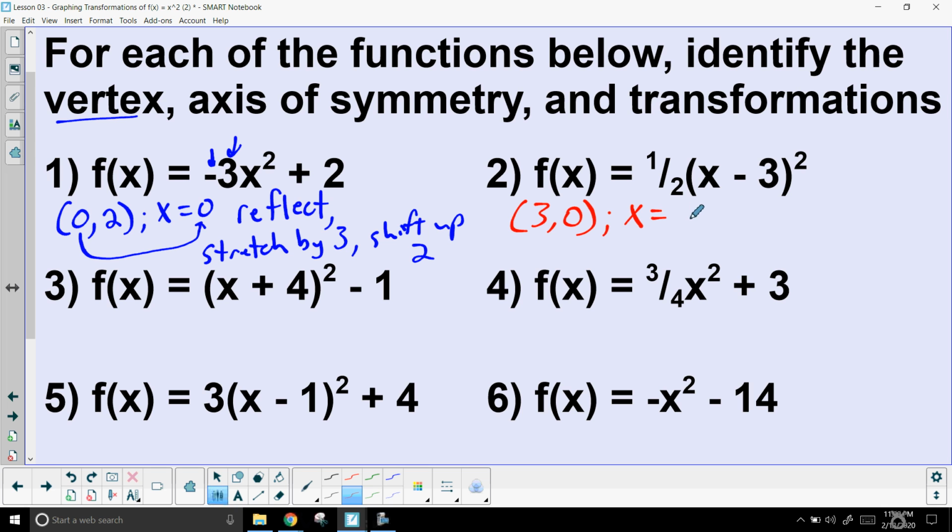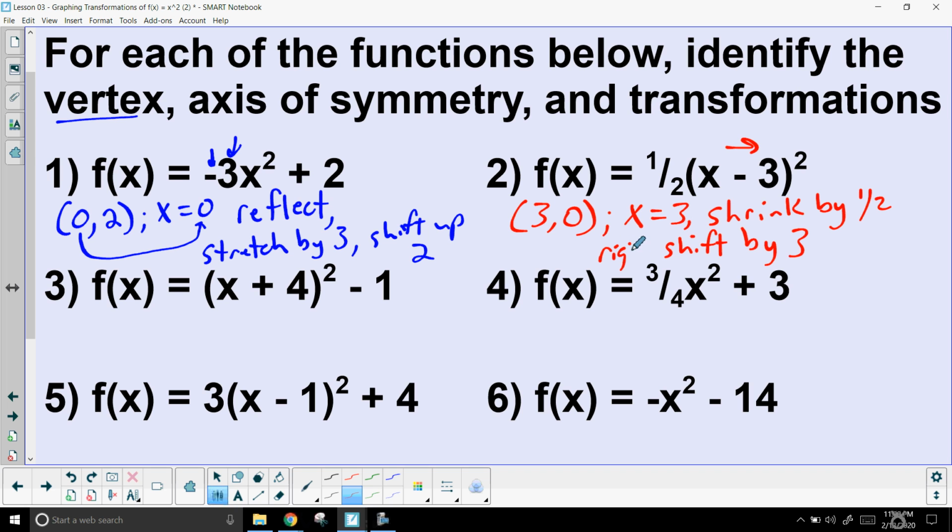Half is less than 1 but greater than 0, so that means we shrink by half. We have an H. You gotta think opposite, so that means we're going to the right 3. So shift by 3. I need to put right somewhere. We'll put right up front. Right shift by 3. There we go. That one's done.